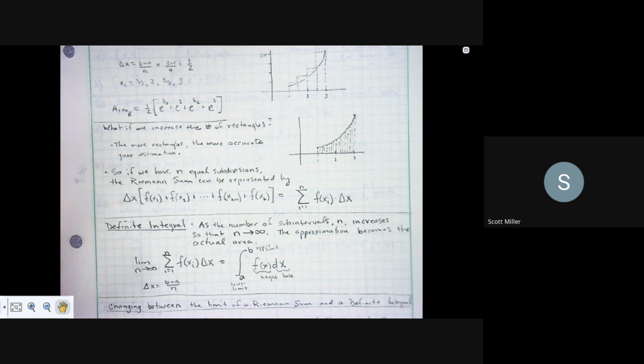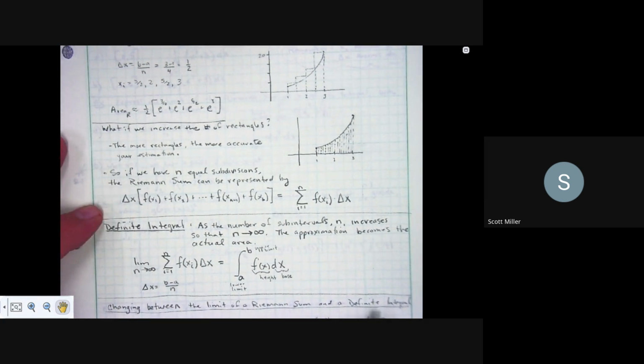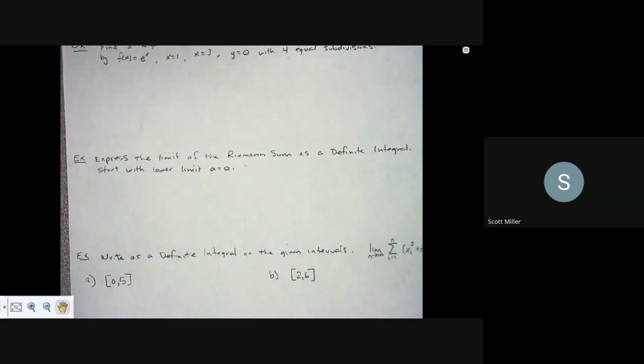Okay, so let's take a look at some examples here. We're going to be changing between the limit of a Riemann sum and the definite integral. So I have an example I want to express with you. Express the limit of the Riemann sum as a definite integral, starting with the lower limit at 0. I forgot to write it up here.